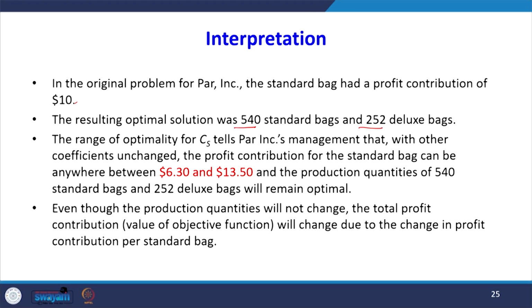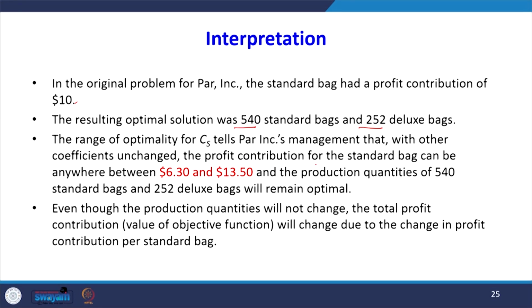So, the range of optimality for CS tells us that for the given problem, with other coefficients unchanged, what is the other coefficient? The CD. CD is unchanged, that is what we have substituted, CD equal to 9.